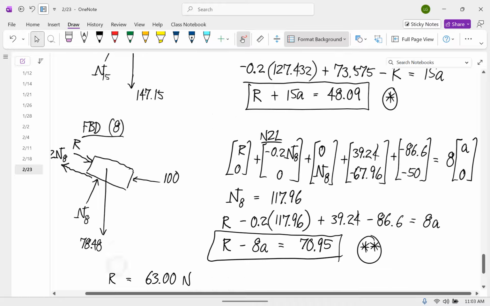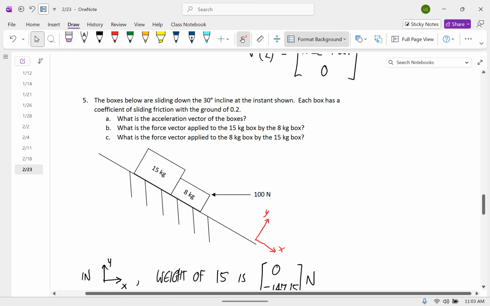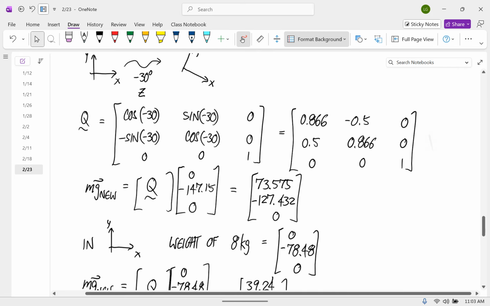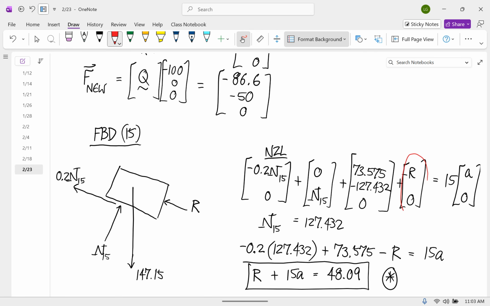And then if you wanted specific vectors, I don't know if it asked for specific vectors. Yes. So what's the force vector applied to the 15 by the 8? Well, go to Newton's second law for the 15. And this is the force on the 15 by the 8.